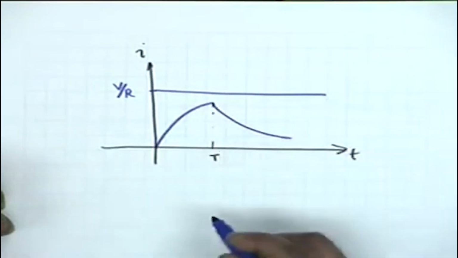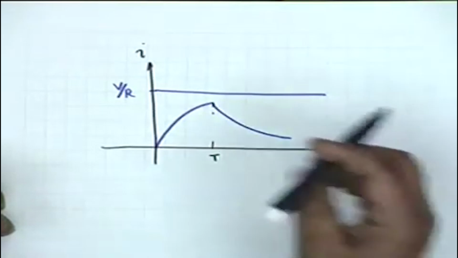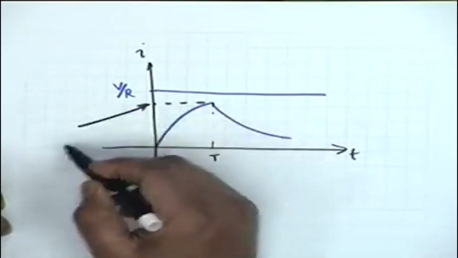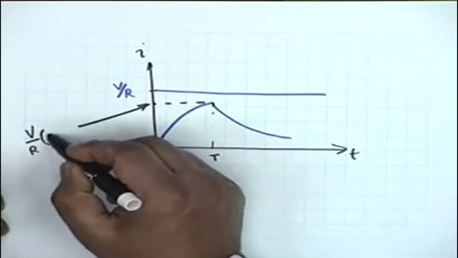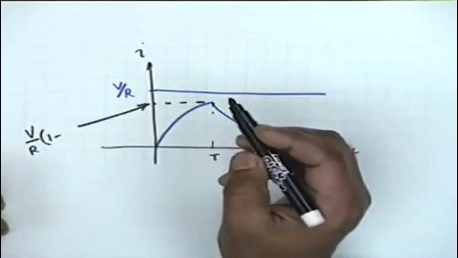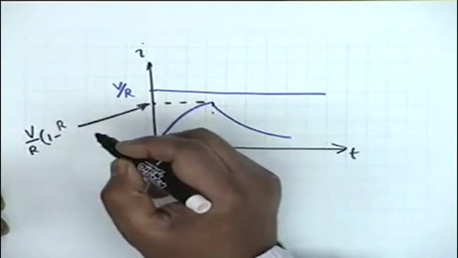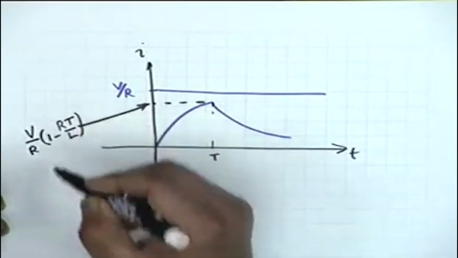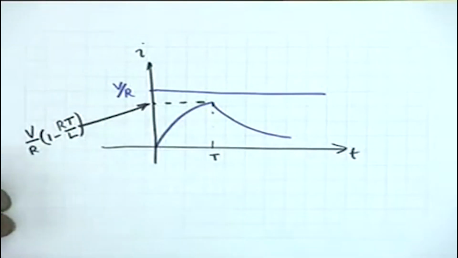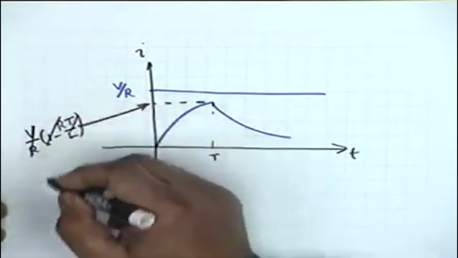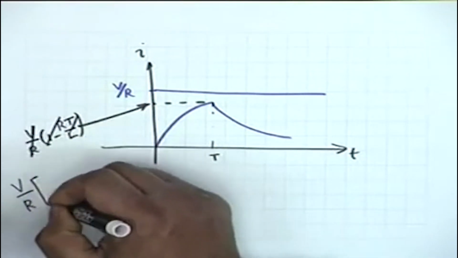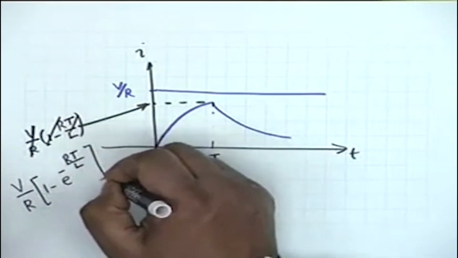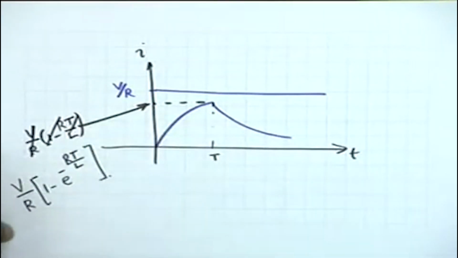It diminishes like this, all right. And you see the maximum response would be simply given by V by R, 1 minus e to the minus R capital T divided by L. Is that okay? I beg your pardon. V by R, 1 minus e to the minus R capital T by L. All right.